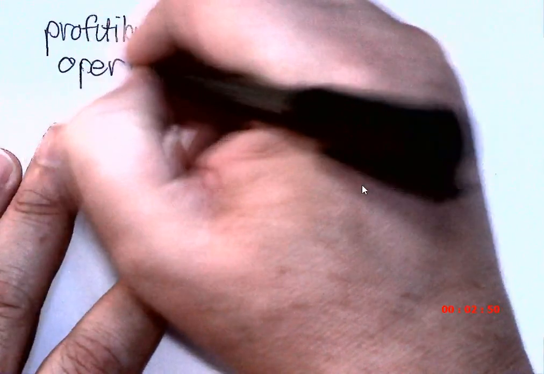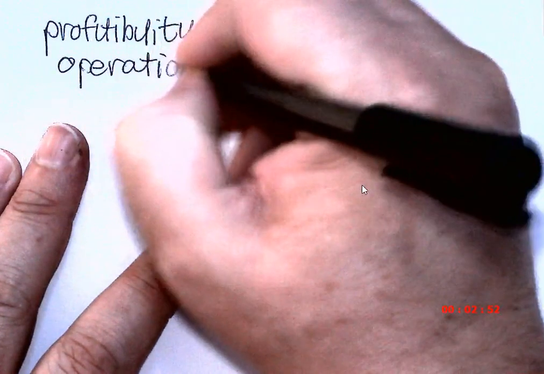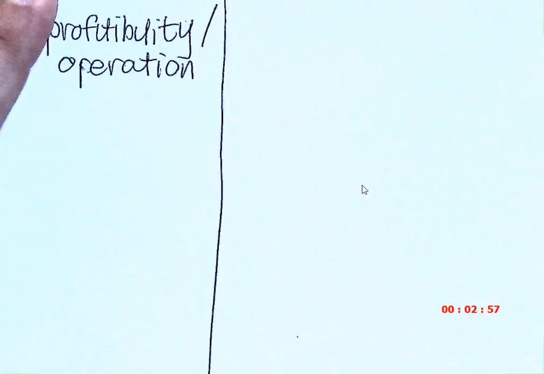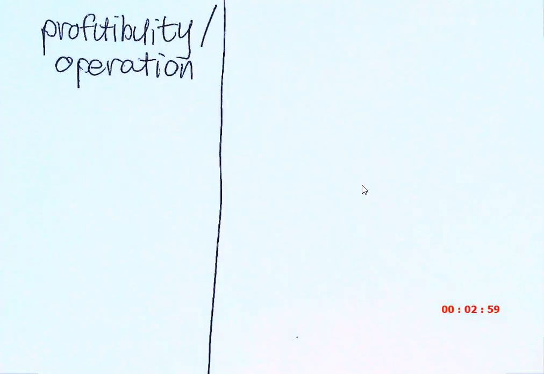They will say, how well did this business company operate? So with this, we know it's those ratios of something on top of something.